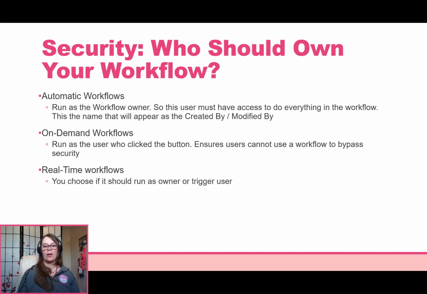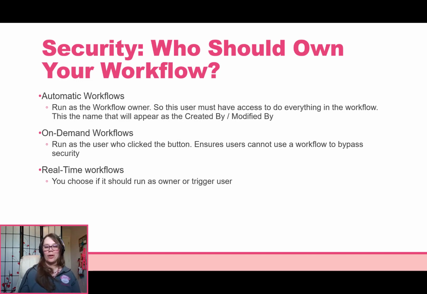On-demand workflows are a little bit different, because those are always going to run as the user who clicked the button. So this makes sure that they can't use a workflow to somehow bypass security and delete records or make changes that they shouldn't be making. So if your user triggers an on-demand workflow that does stuff they don't have access to, then that workflow is going to fail and not follow through on those actions. And then you'll see that in the system jobs, so you'll know that that user was trying to be sneaky.